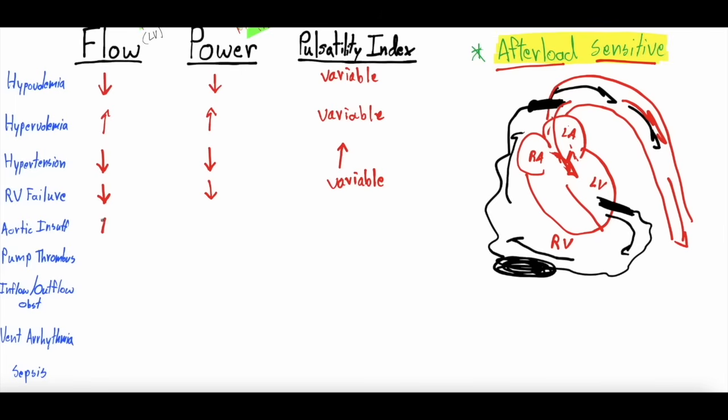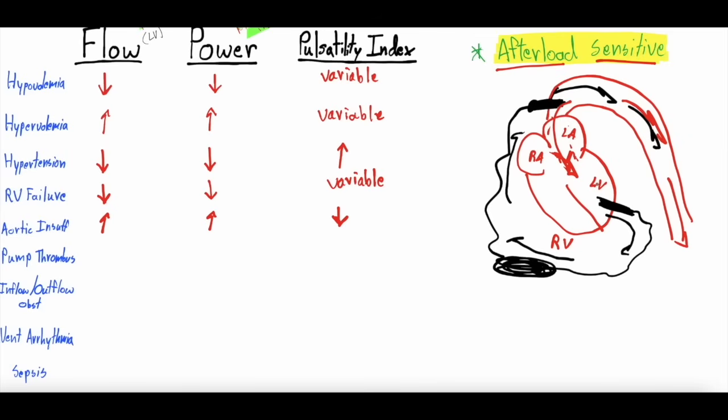The flow is going to be high, and the power as such is also going to be high. What about the pulsatility index? Well, you're going to have less left ventricular variability in volume, right? Because a lot of this volume is going back into the left ventricle. So you're going to actually have a lower pulsatility index. Because as we said, pulsatility index is kind of this variability in flow when the left ventricle is contracting.